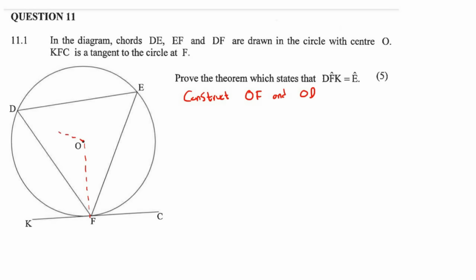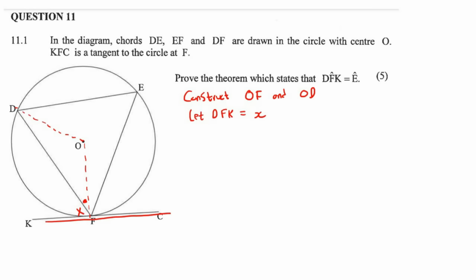And then I'm going to let this angle here, the one that we're actually busy working with, which is DFK, we're going to let that equal x. Then we need to go work out this little angle here. Now we can do that by using this as a 90 degree. Why is that a 90 degree?